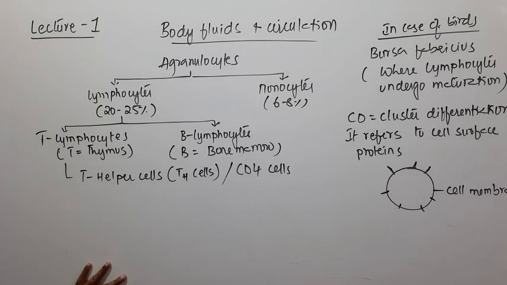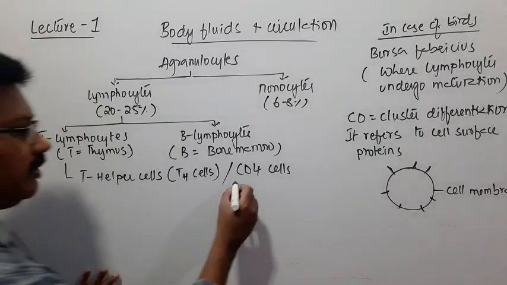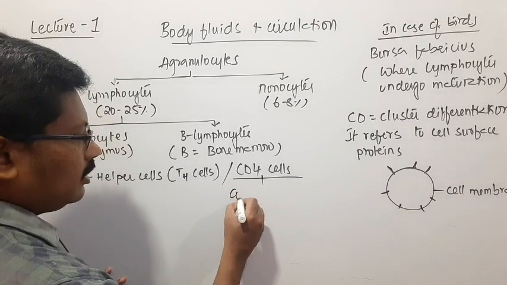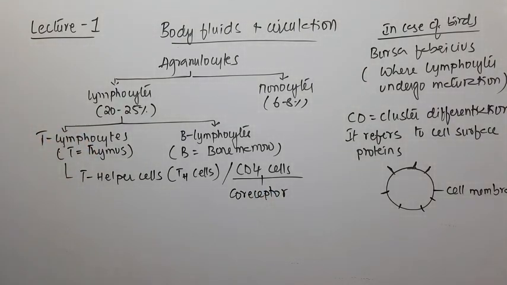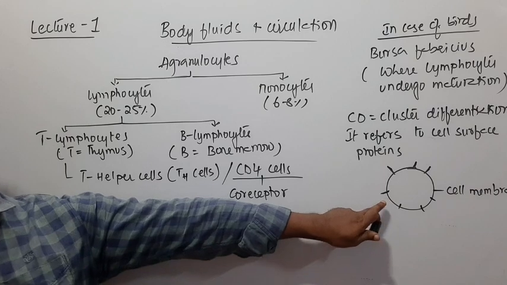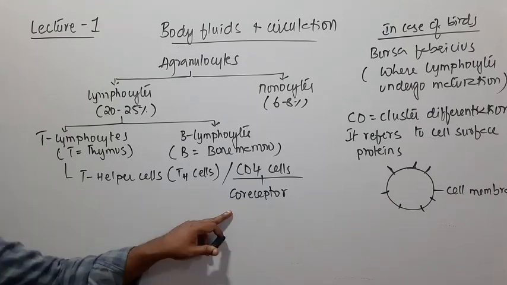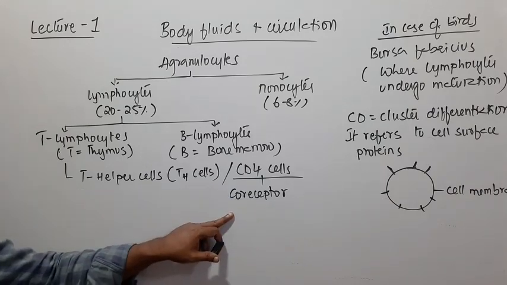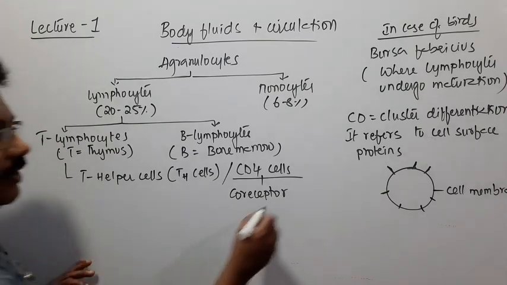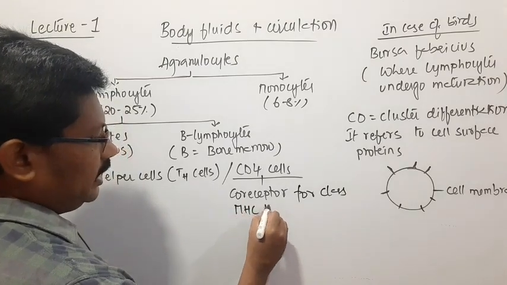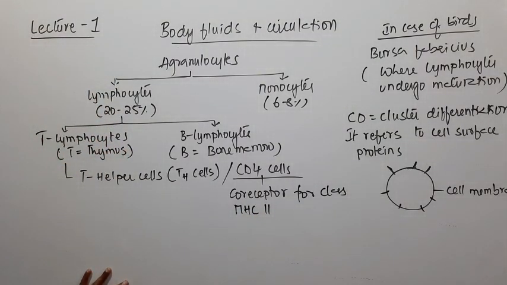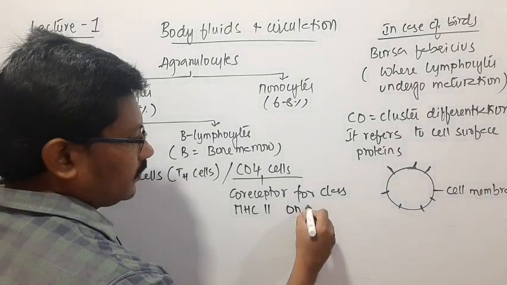This CD4, which stands for cluster differentiation, is a co-receptor. The receptors will be seen like this, projecting from the cell membrane, and this CD4 is a co-receptor for the class 2 MHC, and it is present on T cells.